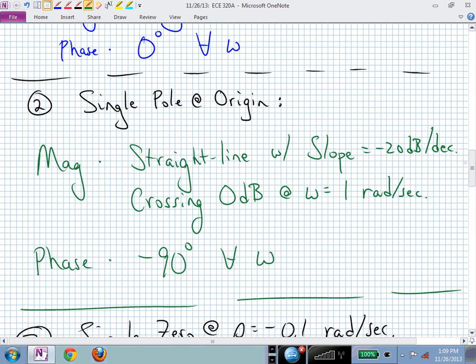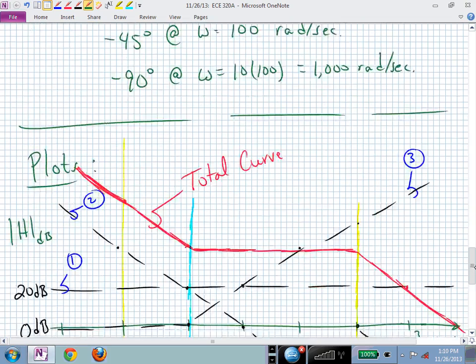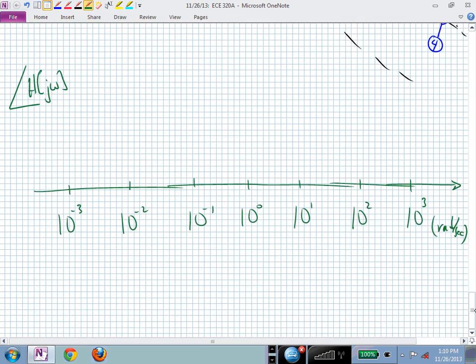The pole at the origin, that one is just going to be a constant flat line at minus 90 degrees. So that's going to give me this. If this is now 0 degrees and this is minus 90 degrees, this is due to the second term.